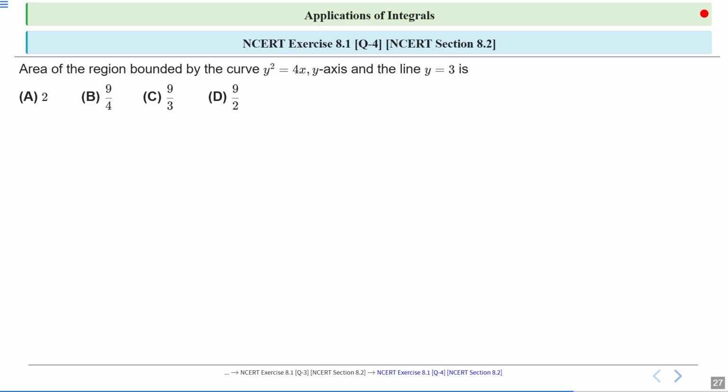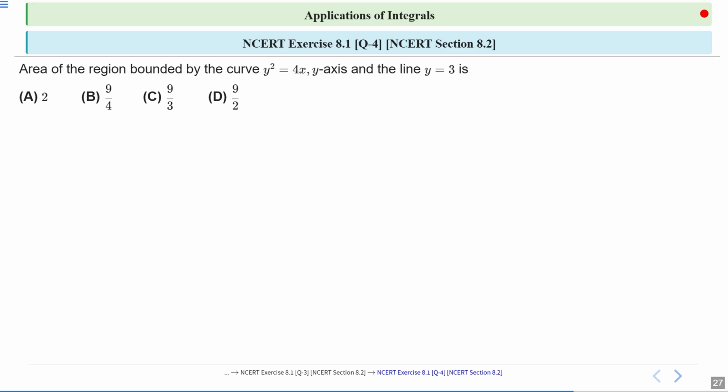First one is y square is equal to 4x. Second is the y-axis and the line y is equal to 3. So at first you should know what is y square is equal to 4x, and how to draw the graph for the curve y square is equal to 4x. If you know the parabola, this is the equation of a parabola.